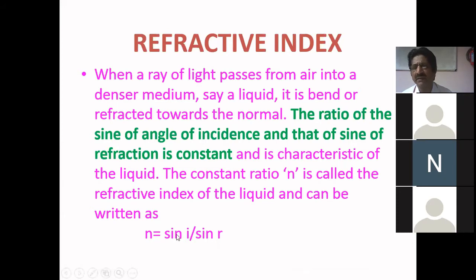Here i is the angle of incidence and r is the angle of refraction. That ratio is always a constant, and that constant we call the refractive index.